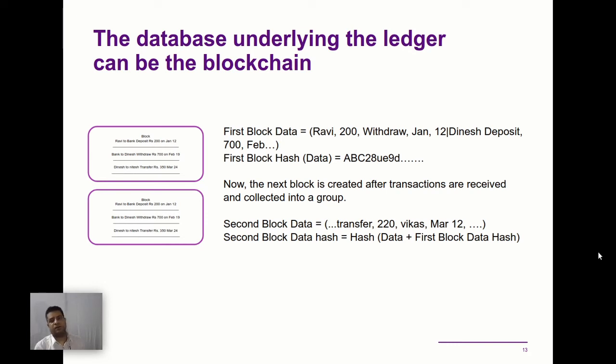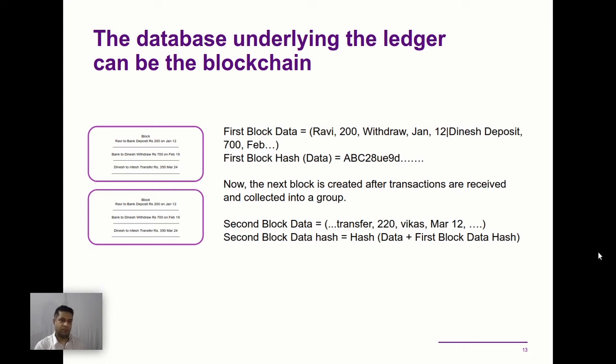So what we've done is we start adding these transactions together, and the moment the time of one block expires, we create a new block. So what we've got is a set of blocks that represent a group of transactions that have been made over a period of certain time. So this structure is essentially what blockchains propose.